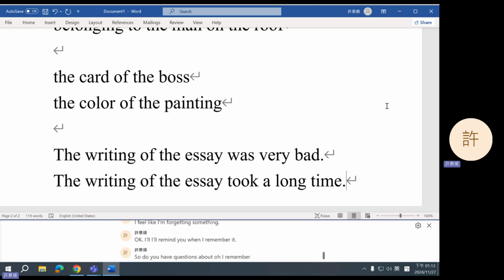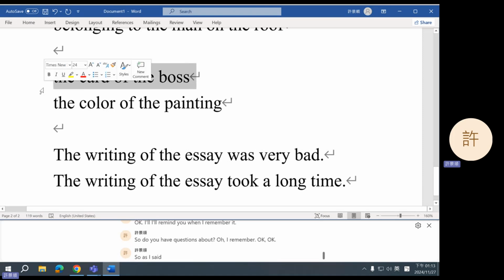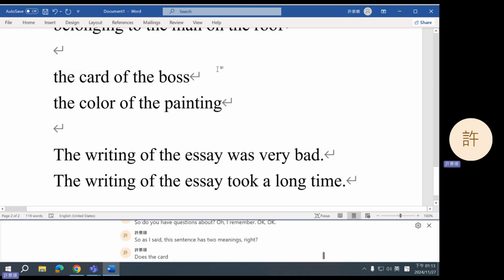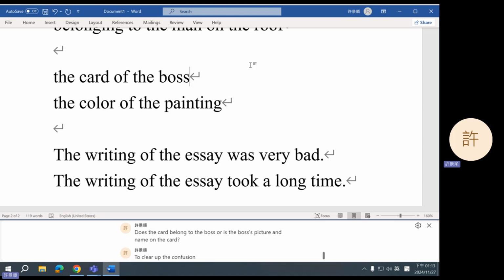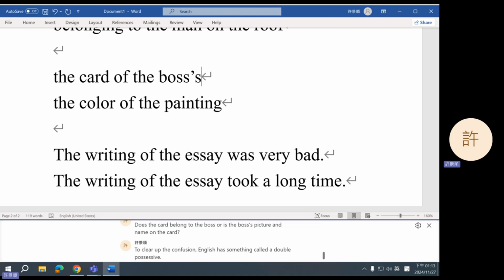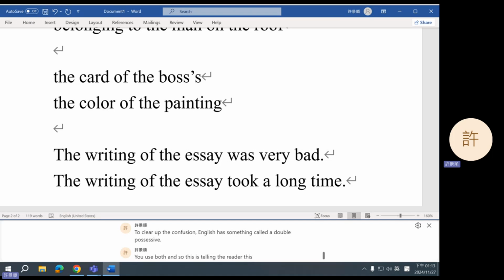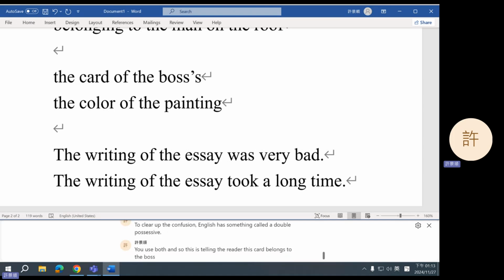Okay, so as I said, this sentence has two meanings, right? Does the card belong to the boss or is the boss's picture and name on the card? To clear up the confusion, English has something called a double possessive. You use both. And so this is telling the reader this card belongs to the boss, not the other meaning.